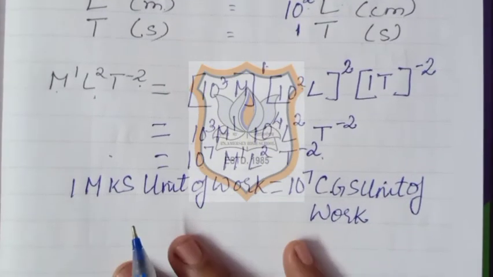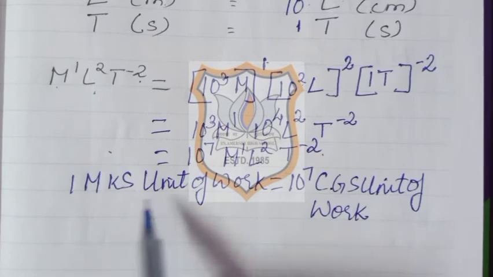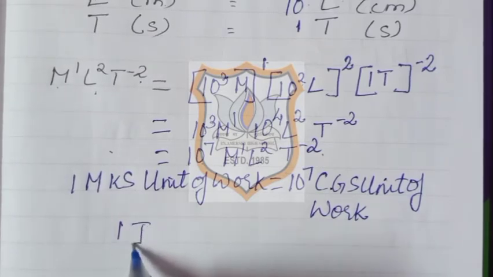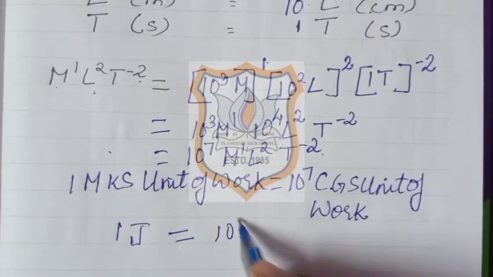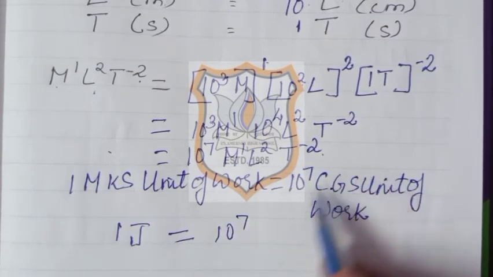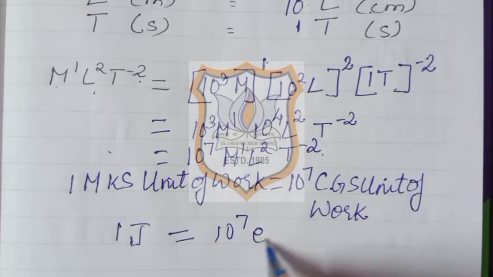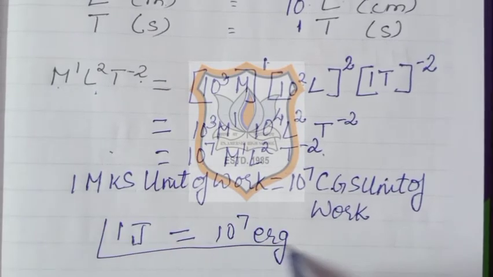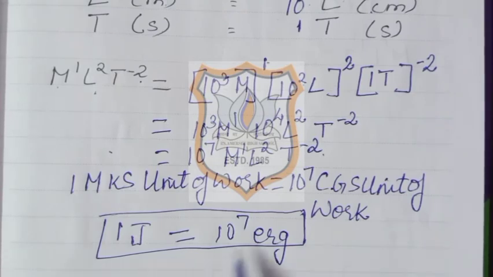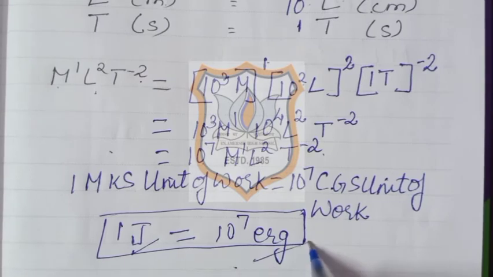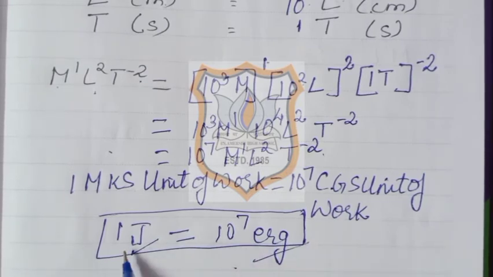Now unit of work is what? Joule in MKS. So we will write 1 joule is equal to 10 raised to 7, and in CGS system the unit is erg. So 1 joule is equal to 10 raised to 7 erg is the relation which we are getting for work. This is MKS unit, this is CGS unit, and the relation is 1 MKS unit is equal to 10 raised to 7 CGS unit.